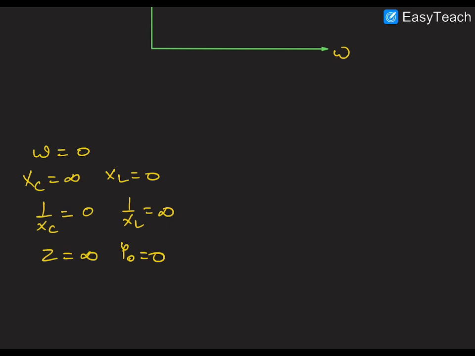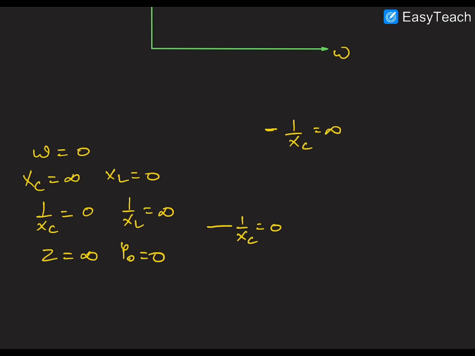Now you can see that 1 upon XC is 0, and 1 upon XL is infinity, and the gap between these two is also infinity.